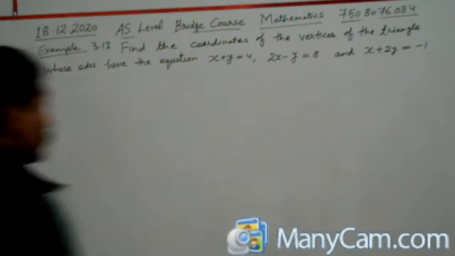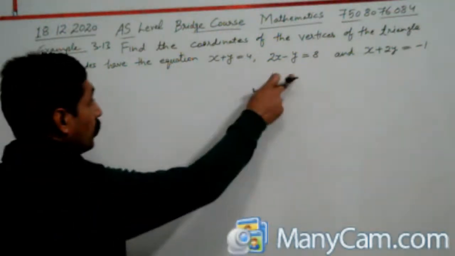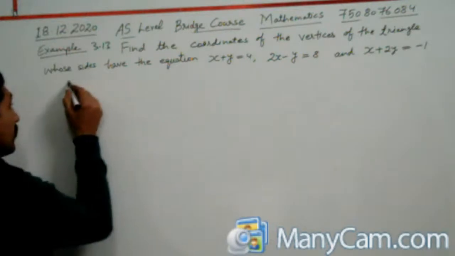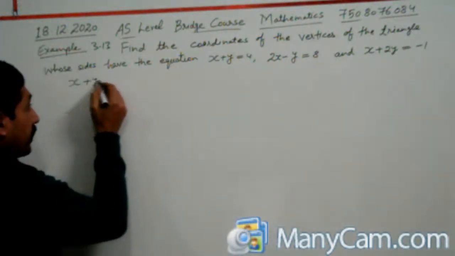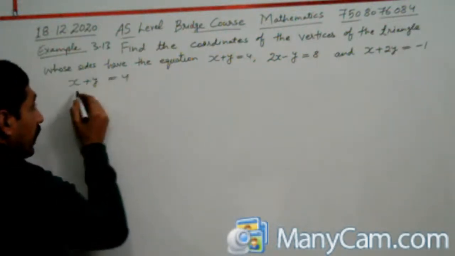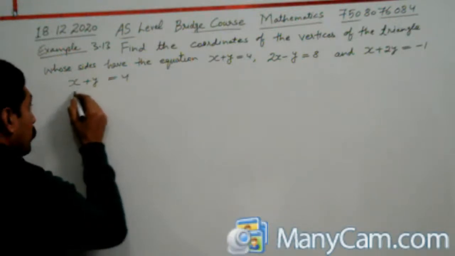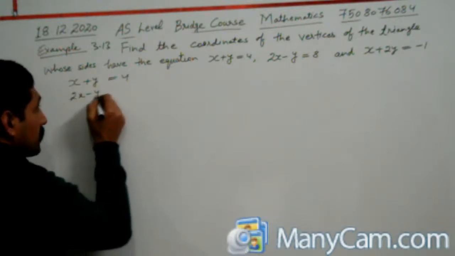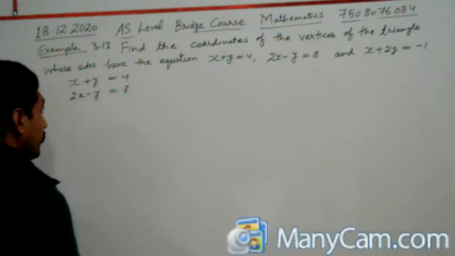So we can choose the first two. One is x plus y is equal to 4, and another is 2x minus y is equal to 8, right?